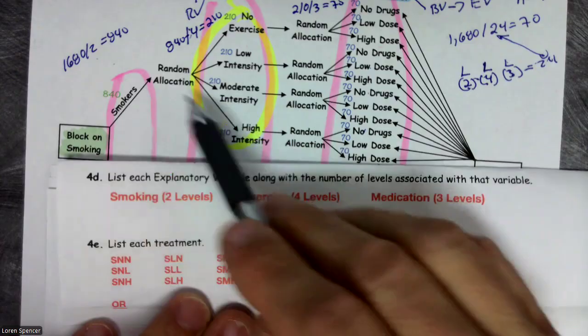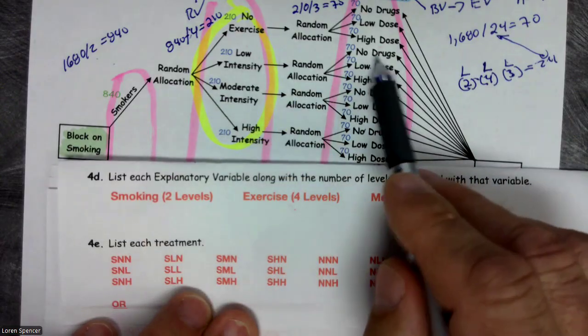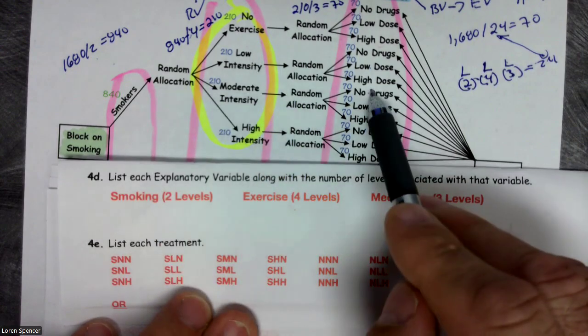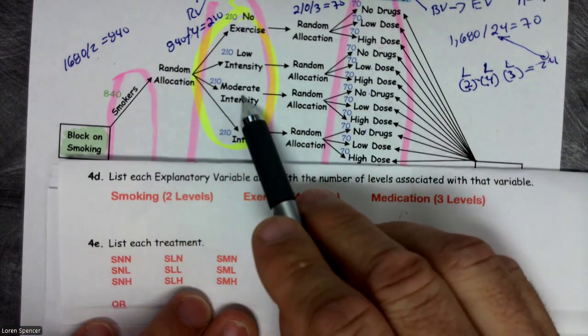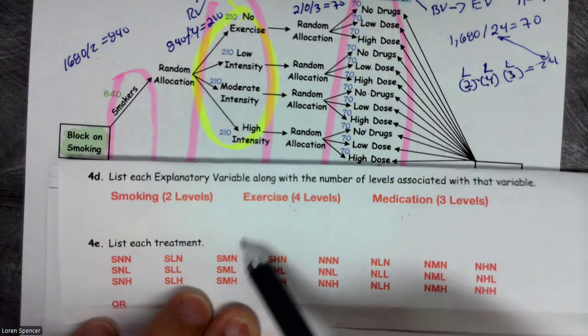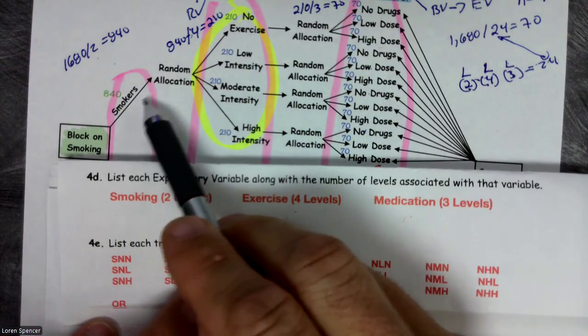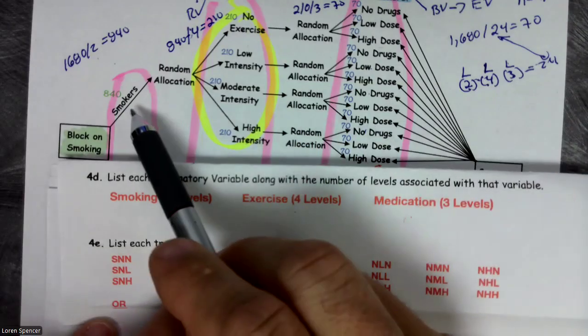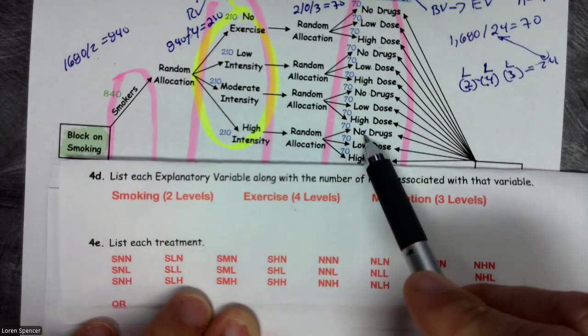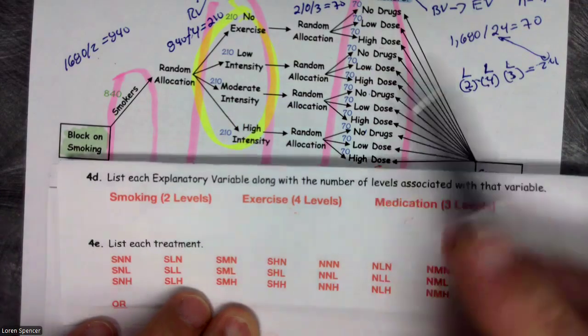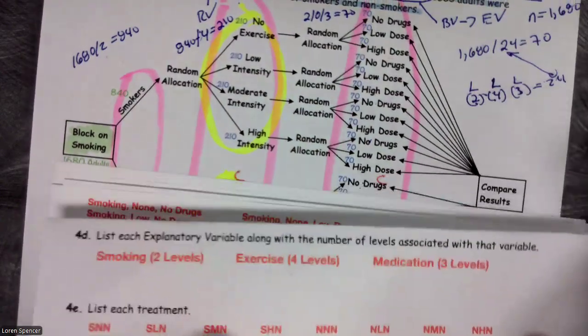Then we're going to go smoking, low, no. Smoking, low, low. Smoking, low, high. Smoking, moderate, no. Smoking, moderate, low. Smoking, moderate, high. Smoking, high, no. Smoking, high, low. Smoking, high, high. Double high on that one.